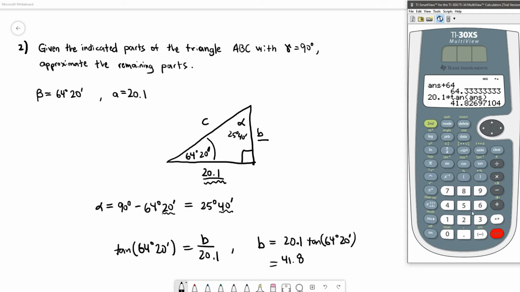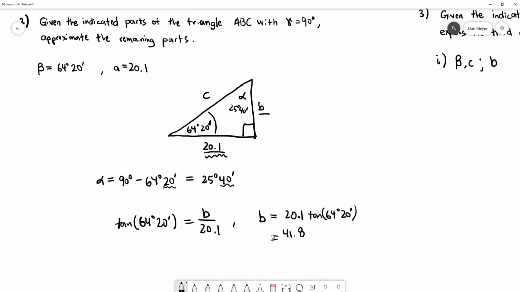Is there an A, B, C on this? My calculator has an A, B, and C. Doesn't look like this one does. But you should be able to store values to use them later. Anyways, we wait until the very end to approximate. So the B side is approximately 41.8.